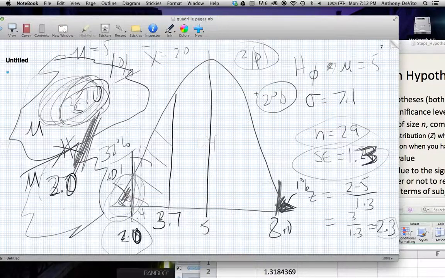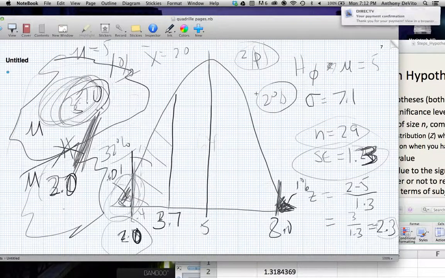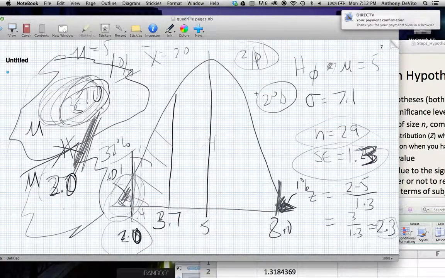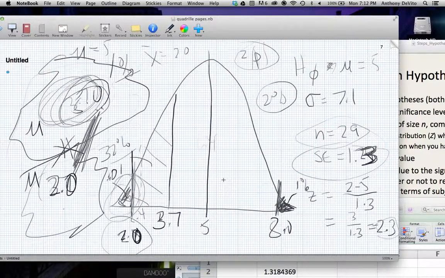Okay. Why am I bothering to do this? Well, the problem is that it's always possible. You guys understand the term asymptotic, that something gets close to a value but never really reaches it. This is almost asymptotic.